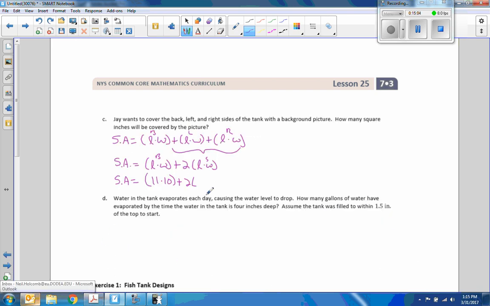So it's going to be 6.5 times 10. So the surface area is going to equal 110 inches squared plus 2 times 6.5 is 13 times 10 is 130 inches squared. So the surface area is going to equal the sum of these two, which is 240 inches squared.